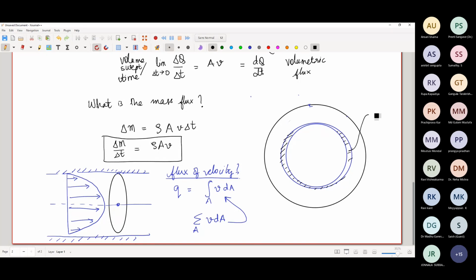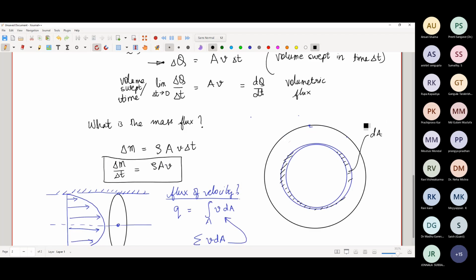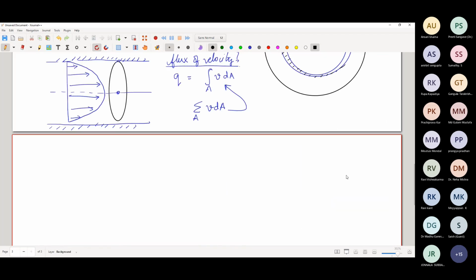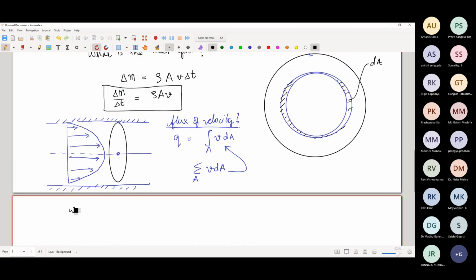Now this area is dA. So let me ask you, what is the differential area shown in the figure?